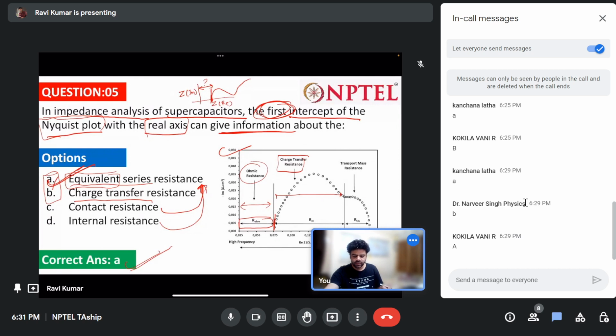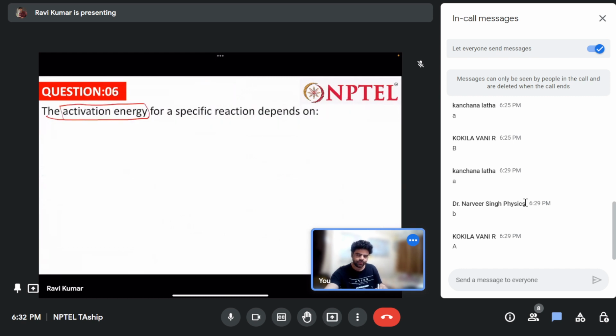It says the activation energy for a specific reaction depends on. Very simple. I hope you already know what activation energy is. Do you know? Yes, no?